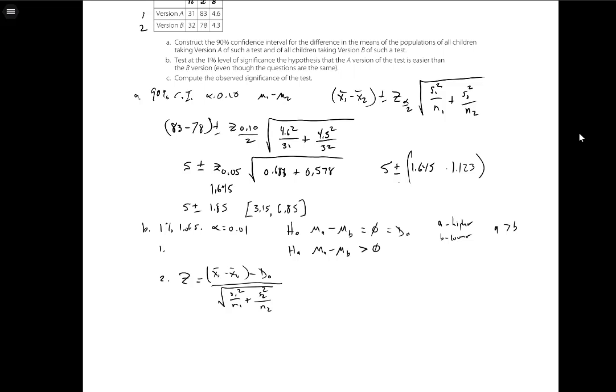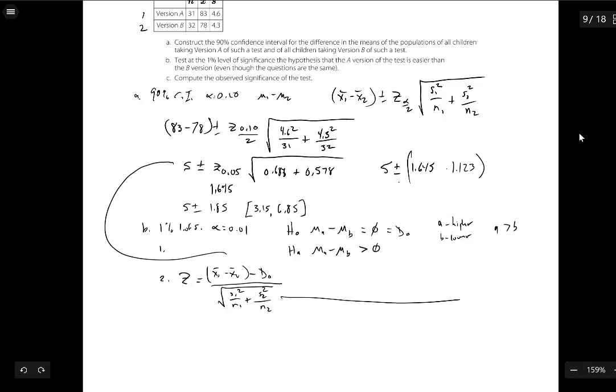And again, we calculated some of these already. We have this x1 bar minus x2 bar, that one was up here. And we have our statistic down here of the whole square root thing, that's over here. So let's go ahead and pull those out. So this is going to equal 5 minus 0 over, where was that statistic thing?